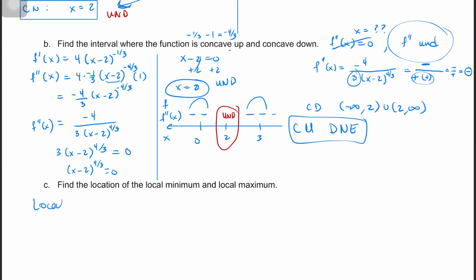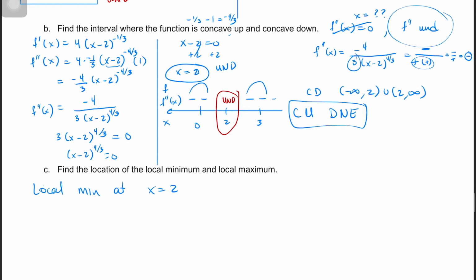We have a local min at x equals 2, but to find the actual local minimum, we're going to plug in 2 into the original function. And the original function was 6 times x, which is 2 minus 2 raised to the 2/3. Well, we already said this, right?